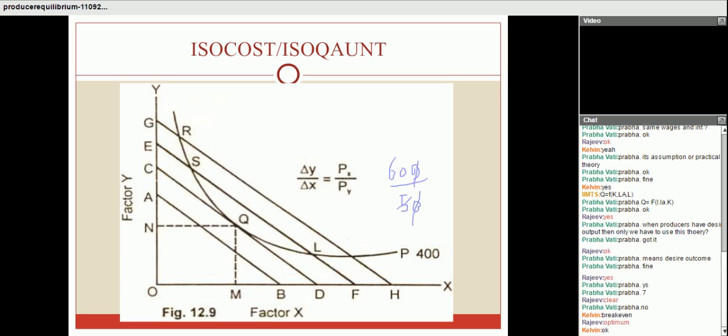So this we are going to calculate: 5 ones are 5, 12s are 60. So if anybody asks what is the marginal rate of technical substitution here, the answer is 12. Okay, wages upon the rate of interest. So wages is 600 per labor and 50 is the rate of interest. So 12 is the marginal rate of technical substitution. Alright.